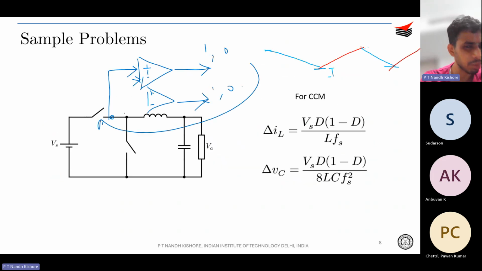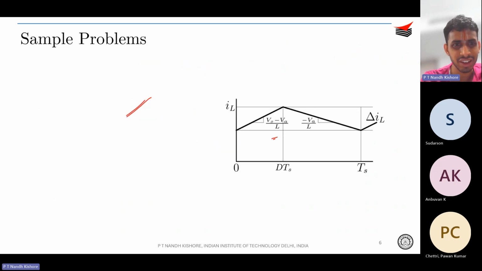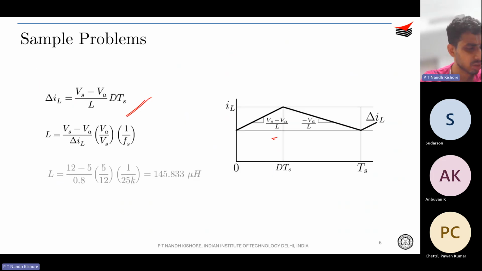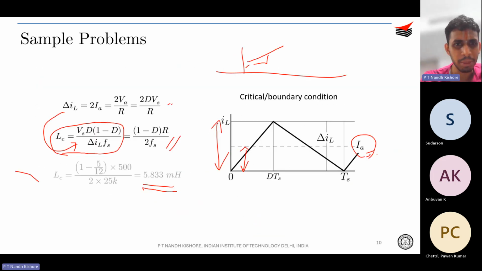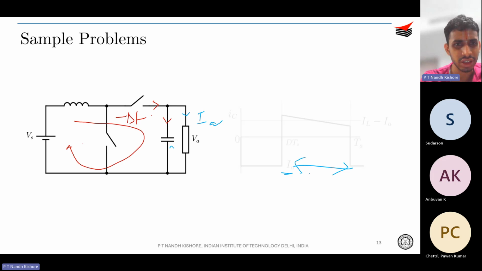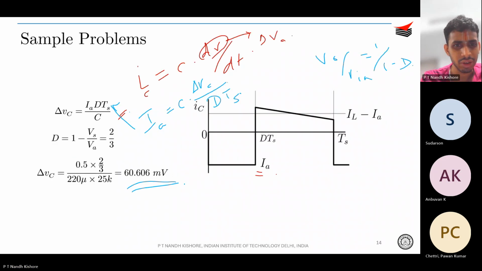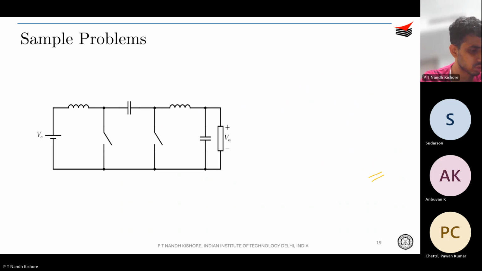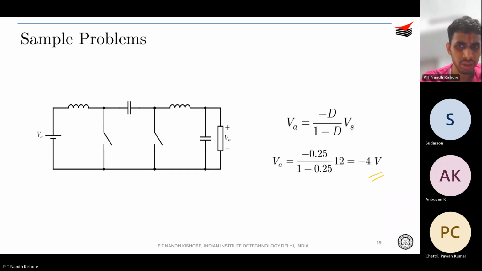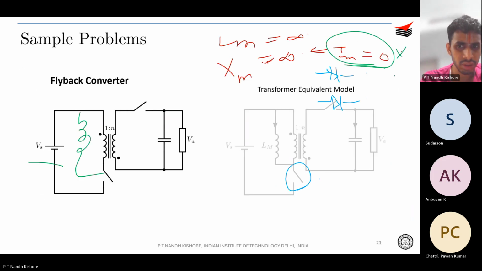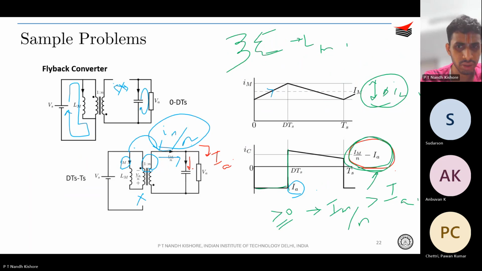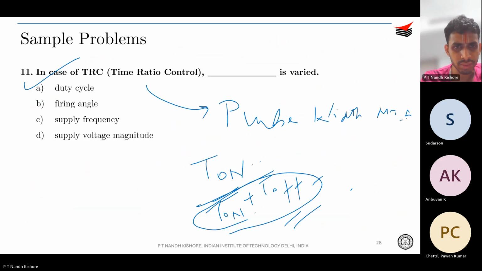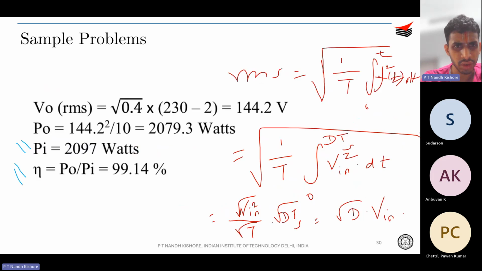I'm sorry, Anbu, I'm not able to catch your question. If you can type in the question number, it will be helpful actually for me also. Here also it is not there.